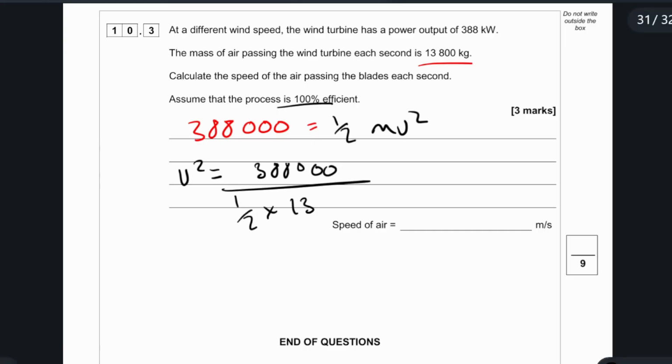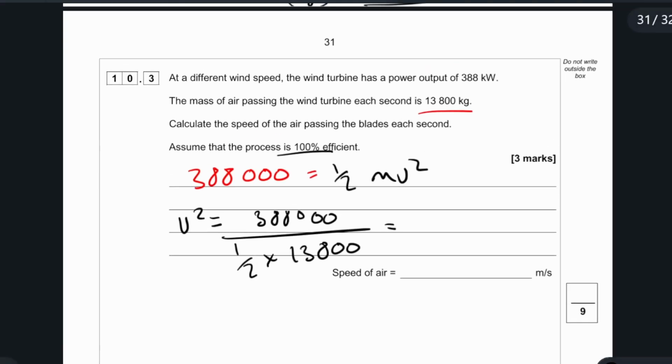So half multiplied by 13,800, and the reason why we can just plug that in is because the power output was 388 kilowatts. So this energy that we've equated here is basically the energy per second, right? So in 1 second, we said we had 388,000 equal to a half mv squared, and we used therefore the mass in 1 second as well, which was 13,800.